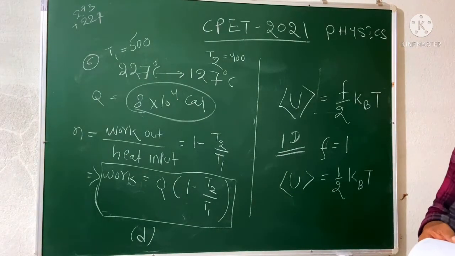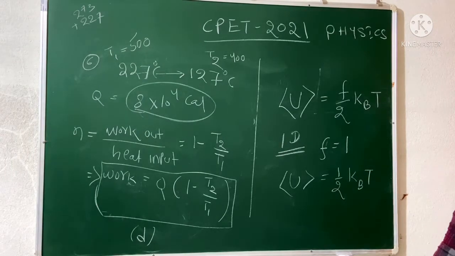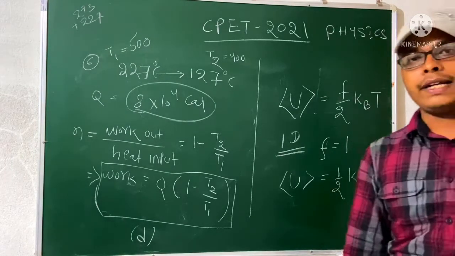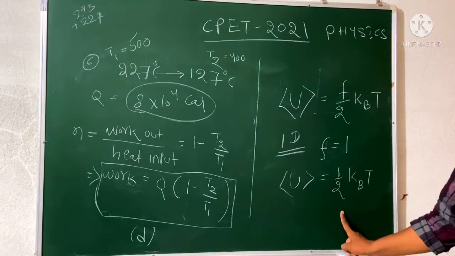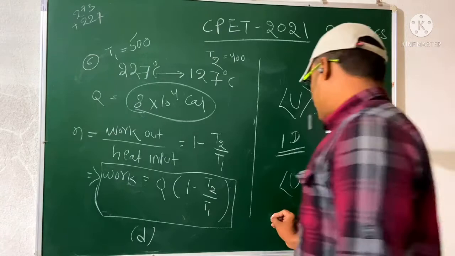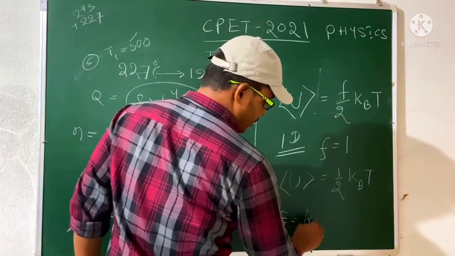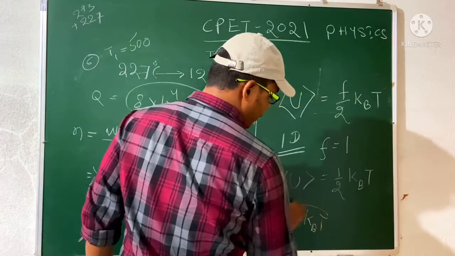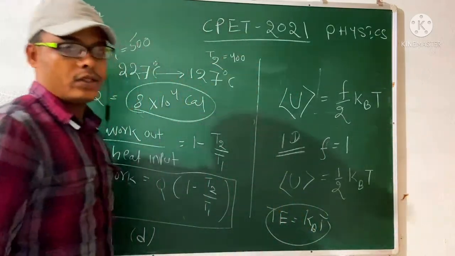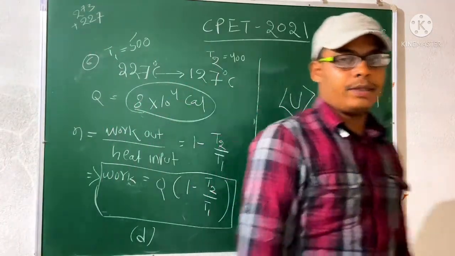In some questions kT is also given as the answer, because of the potential energy and the kinetic energy. The kinetic energy is half kT and the potential energy is also half kT, so the total energy will be kT. But the internal energy, if you solve it in classical mechanics, gives half kT.